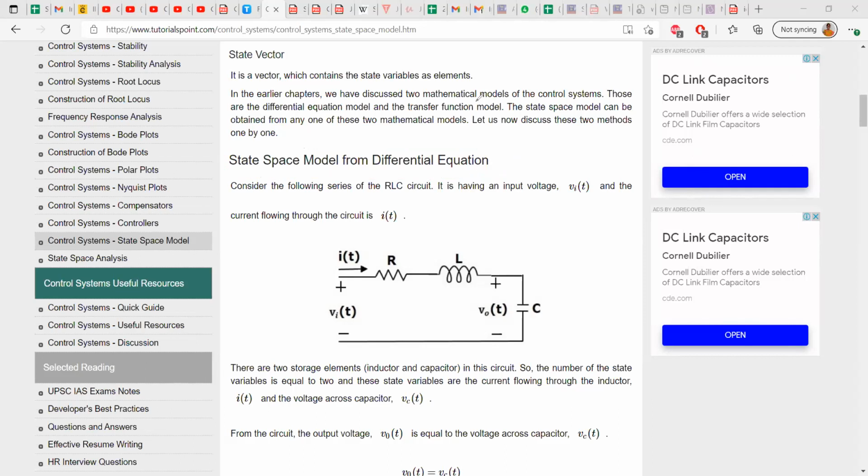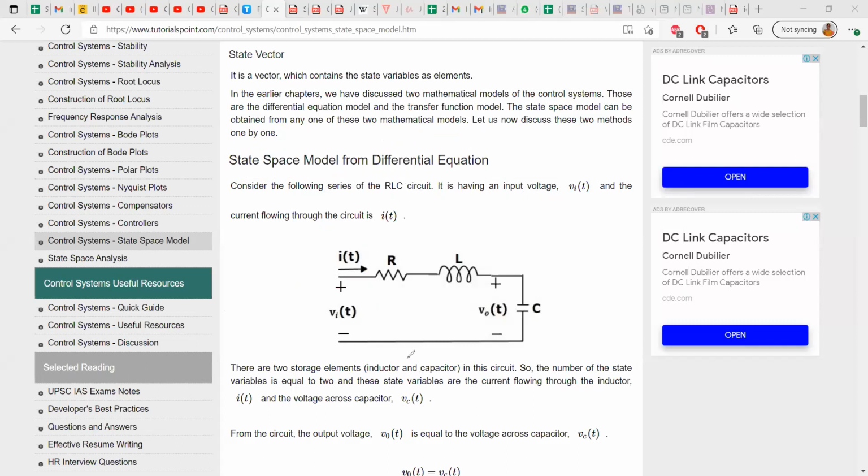Right, so we'll see one example. How do we model the state space model of the system with the help of a differential equation? Consider the following series RLC circuit: resistor, inductor, and capacitor. Inductor and capacitor are nothing but state variables. It has input voltage Va of t, and the current flowing through the circuit is i of t.